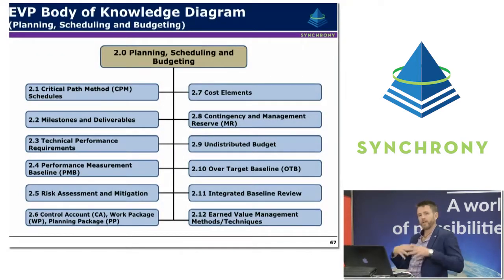So the AACE International Body of Knowledge or Skills and Knowledge Framework has actually broken down the planning, scheduling and budgeting knowledge areas into 12 different areas.